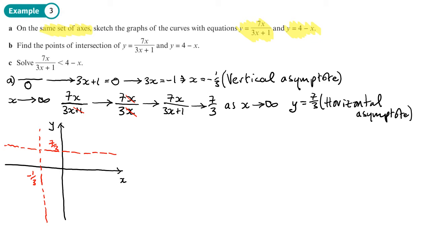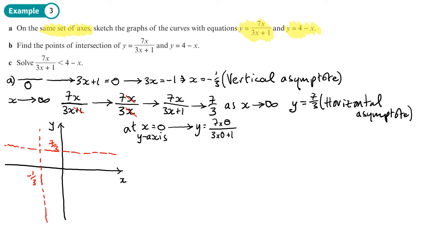So let's start by making x equal 0. So at x equals 0, that's where this graph is going to cross the y-axis, I will have y equals 7 times 0 over 3 times 0 plus 1.